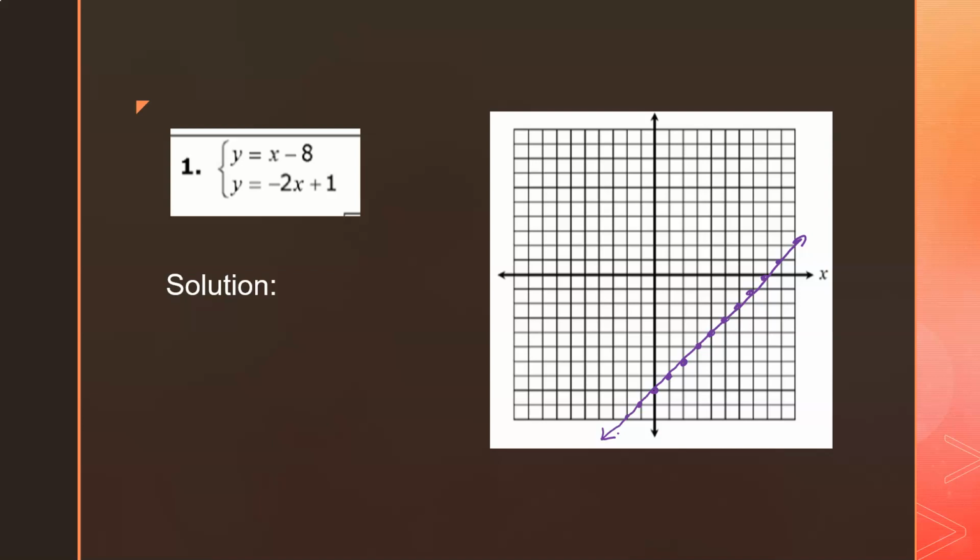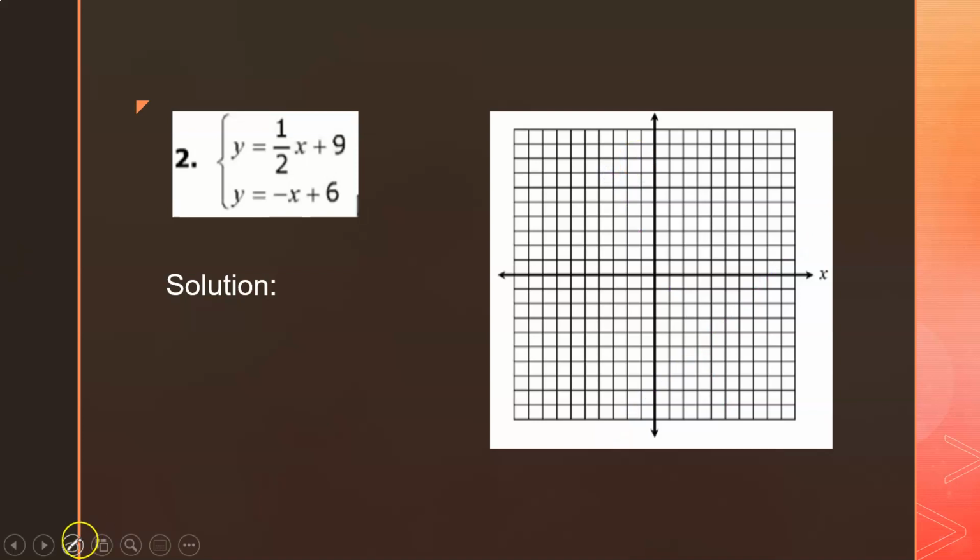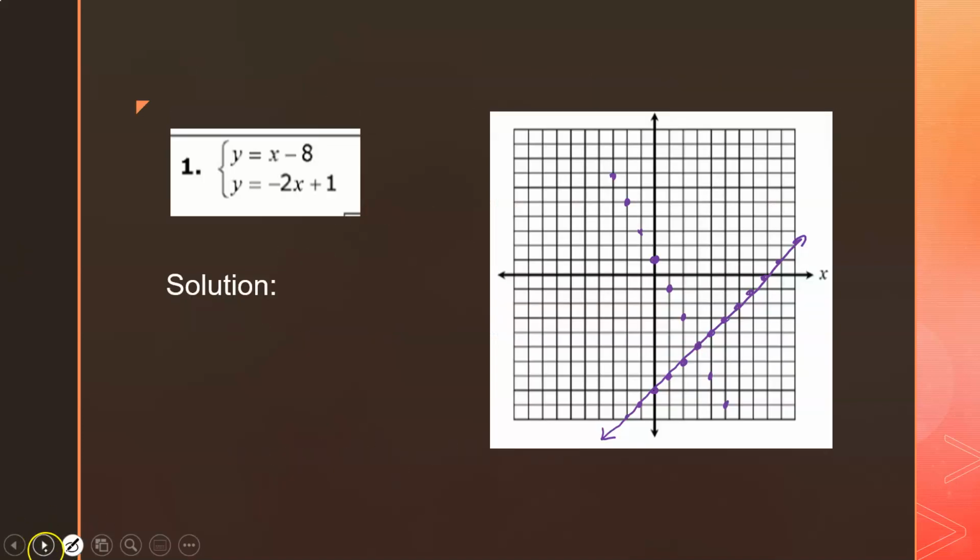Okay, now I'm going to graph y equals negative 2x plus 1. Here's my 1. My slope is down 2 over 1. Okay, so here is where they cross.